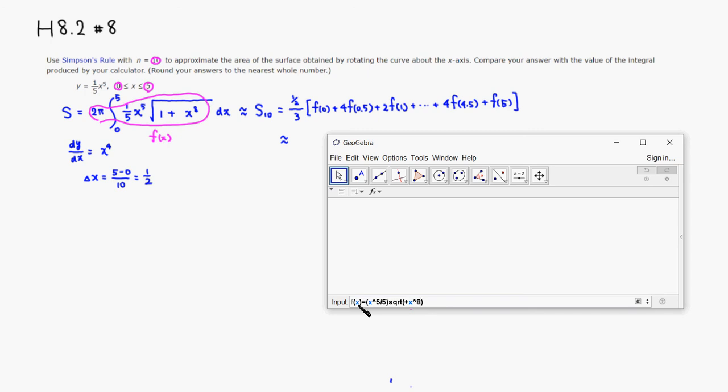I forgot to put the 2 pi, so I'm going to put 2 pi in front. I think this would be fine. Hit enter, and we should get a function there.